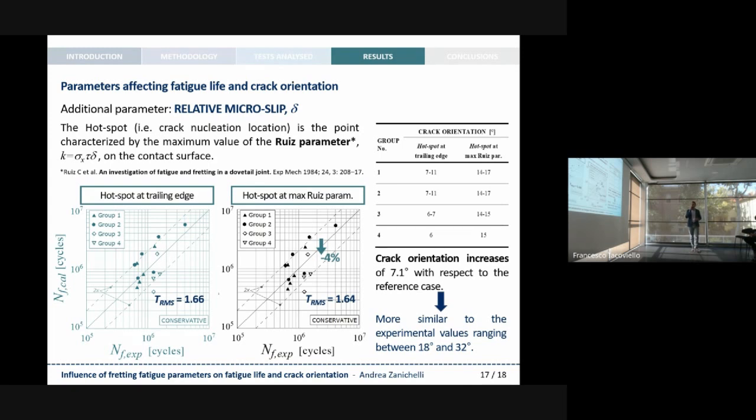As far as the crack orientation is concerned, it increases in this case by about 7 degrees with respect to the reference case. And so we obtained values of crack orientation ranging between 14 and 17 degrees. That is to say that they are values more similar to the experimental ones, ranging between 18 and 32.